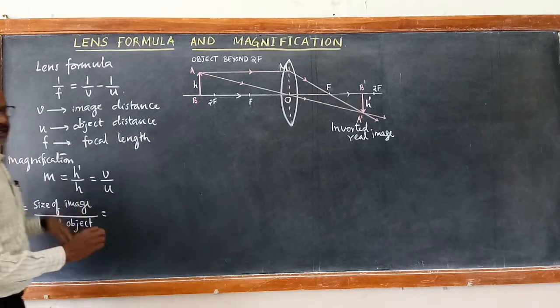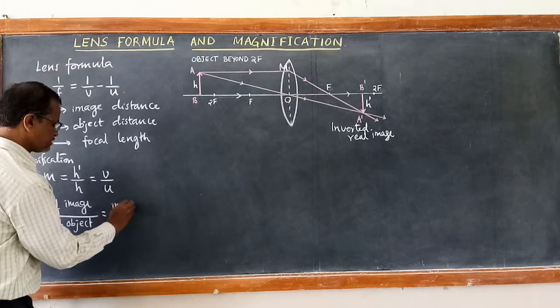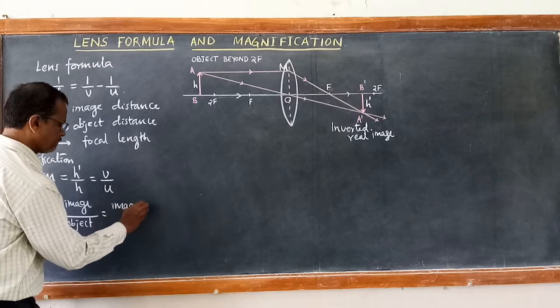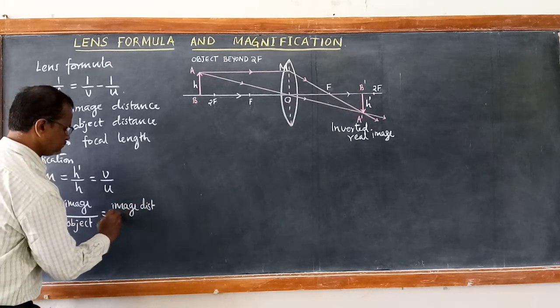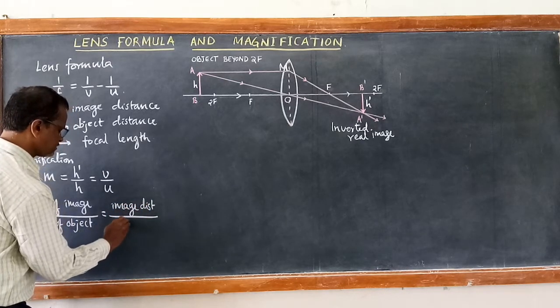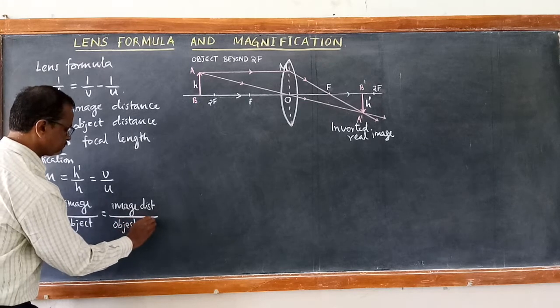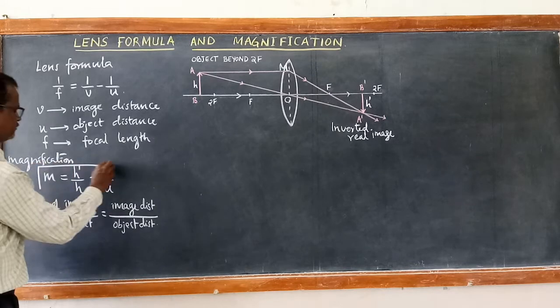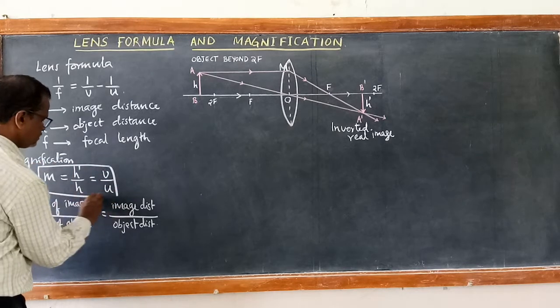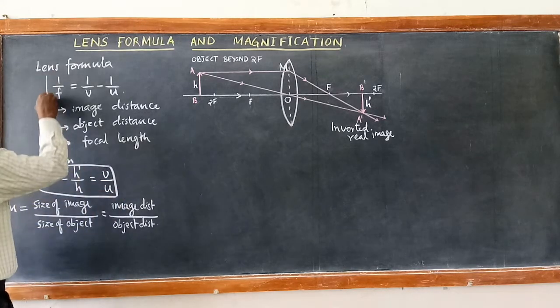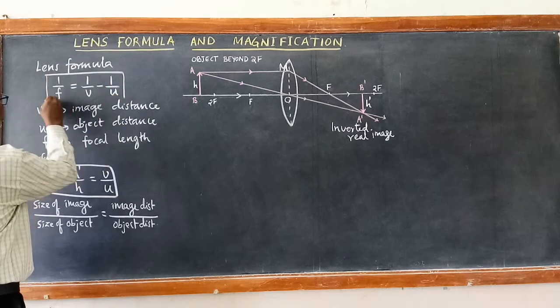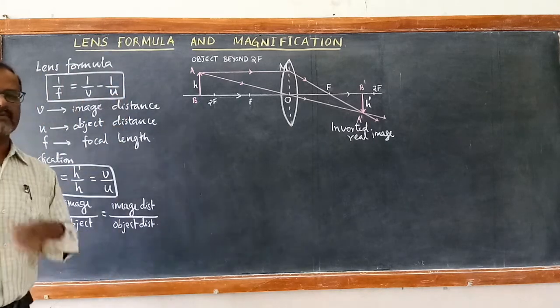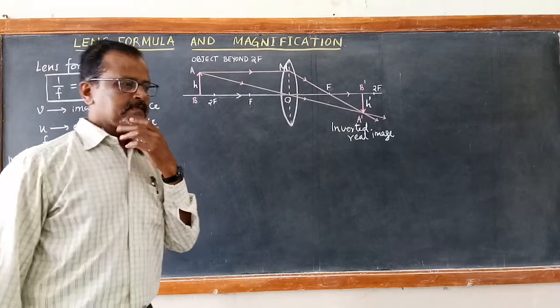This can be proved to be equal to image distance by object distance. These two are important equations based on which we will be solving a number of numerical problems.